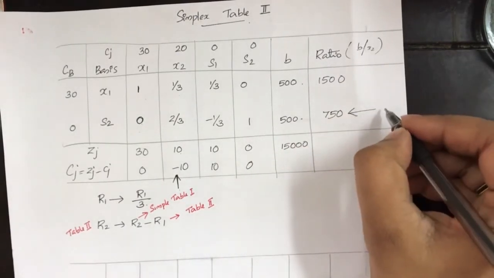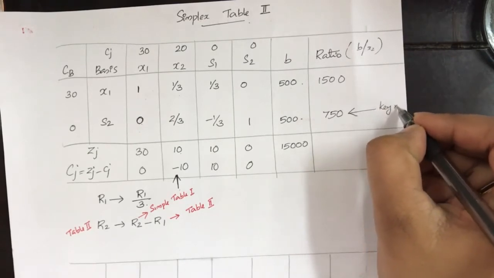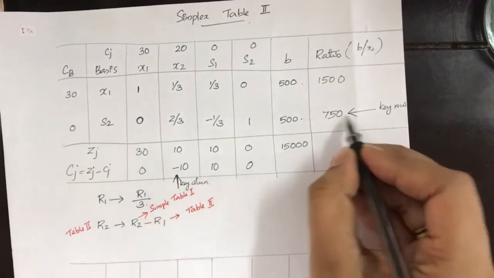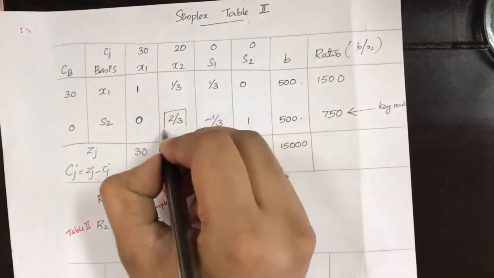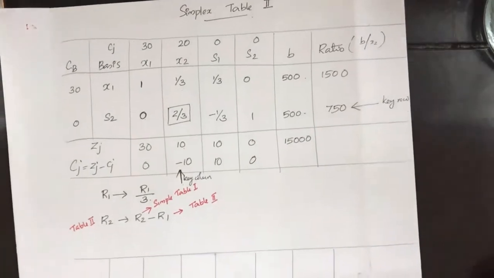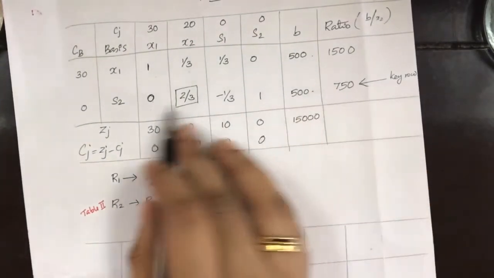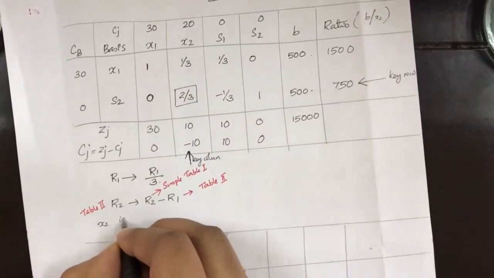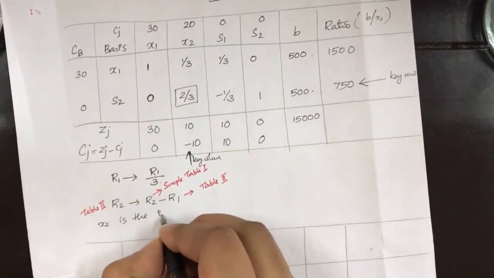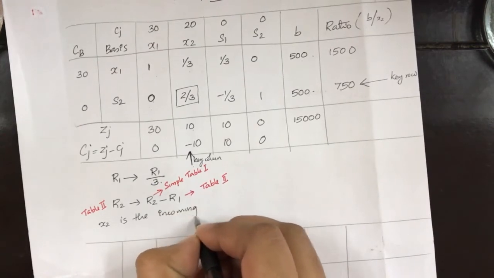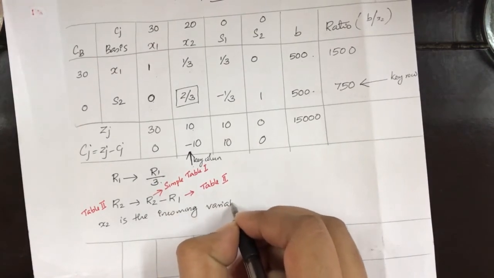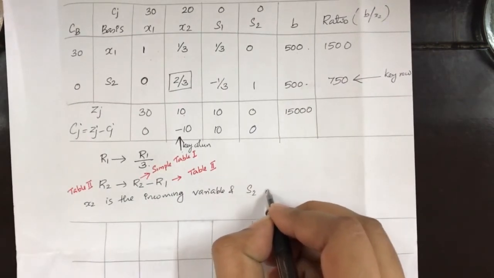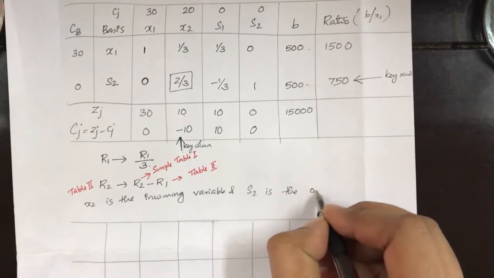So this is the key row and this is the key column. Which is the key element? This 2 by 3 is the key element. So in the next table, x2 is the incoming variable and s2 is the outgoing variable.